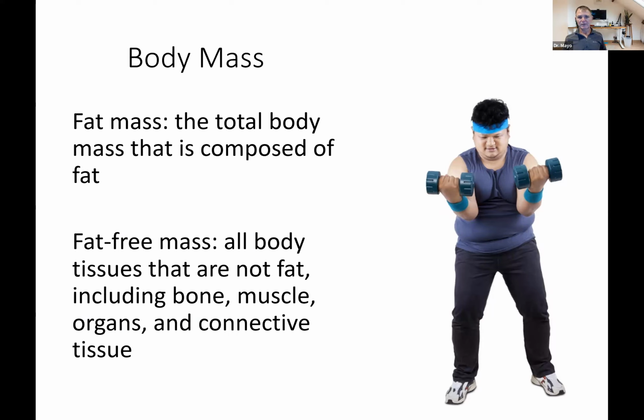Like I said, we don't have a sophisticated way to determine all of this in most cases through our techniques for body composition assessment, depending on where you are. If you're in a clinic and you've got more equipment, and we'll talk about that, then you could maybe do some of these higher level tests. But in most cases, we don't have that. So just know when we talk about fat-free mass, it's basically everything else. You've got fat, and then everything else is considered fat-free.